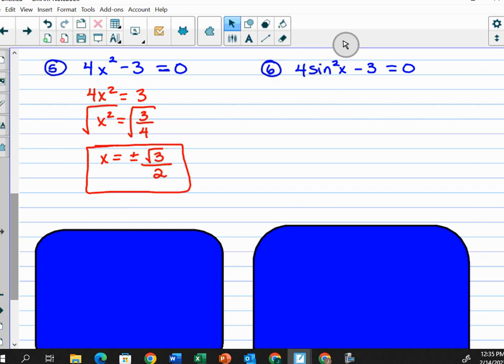Try it, guys. Talk to each other. Are you getting there? You know how to do the sine x. So the process we used over there will help you over here. That's why we did that one first. That wasn't just random.